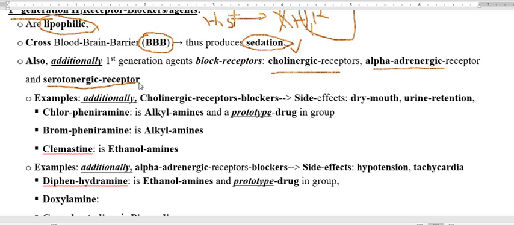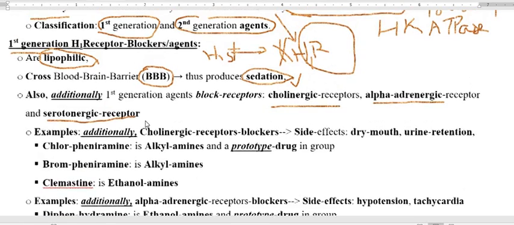So these are the additional activities. Why are we calling it an additional effect? Because we don't ask for these effects. We want only those effects that are of our interest. Our interest is only the blocking of the H1 receptor.